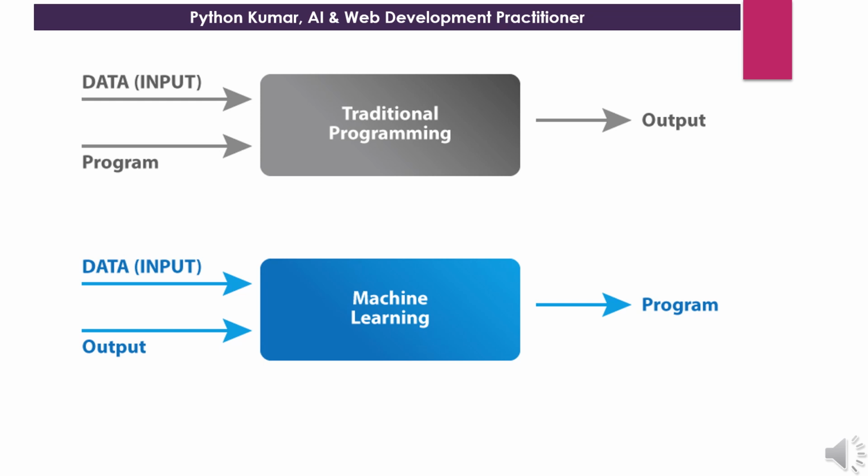But in machine learning, we are given data that is input and we are also given the answers, that is the output. Now it's your task to figure out the rule, that is what leads from the input data to the output. You figure out the rule behind that.